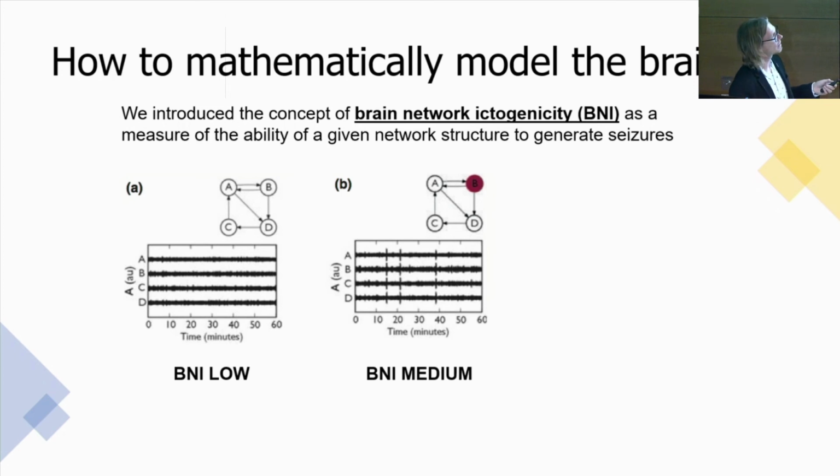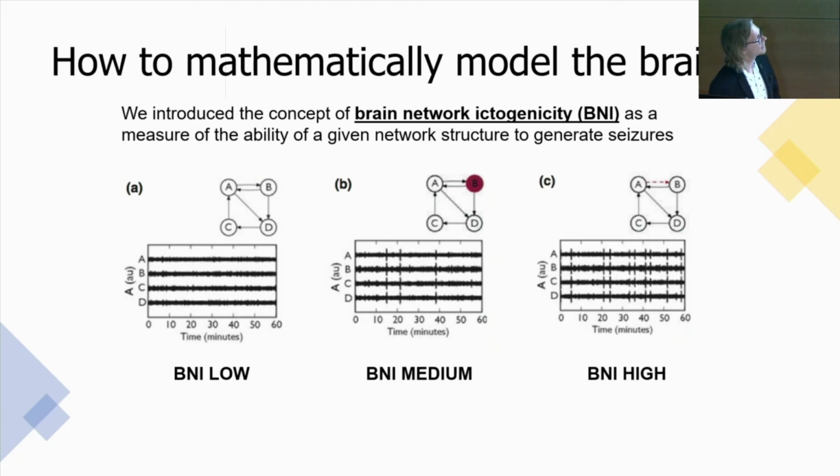So this idea that a seizure originates in one particular region is shown here, but actually the activity can propagate everywhere depending on how the other regions of the brain interact. And we see a few bursts here, so we say, okay, this network has a medium ability to generate seizures.